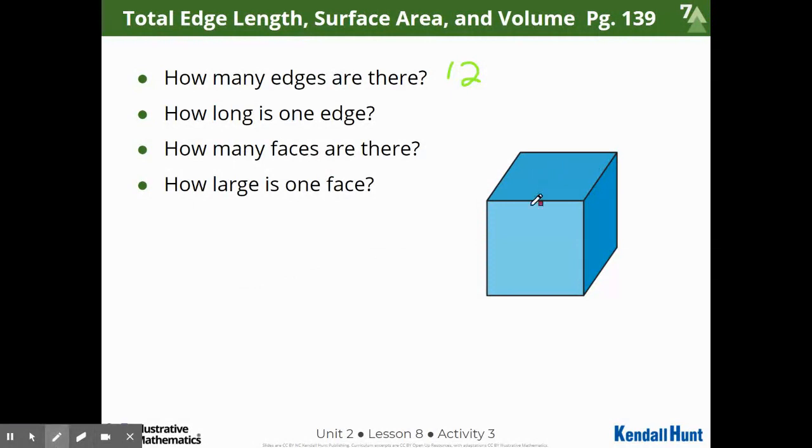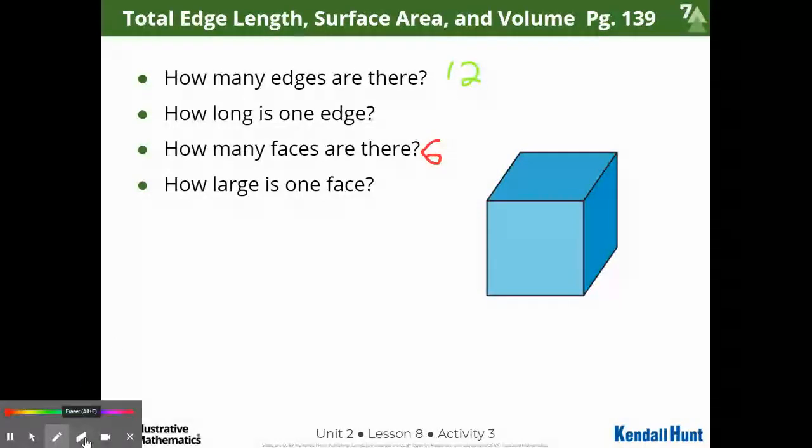So we're going to have 6: 1 in the back, 1 in the front, that's 2, 3, 4, 5, 6. So you have a total of 6. How large is one face? We're going to give some measurements in a moment, and we're going to have to figure those out. Let's go ahead and try that out. But remember, how many faces are there? 6, and edges are 12. That's going to be important coming up.